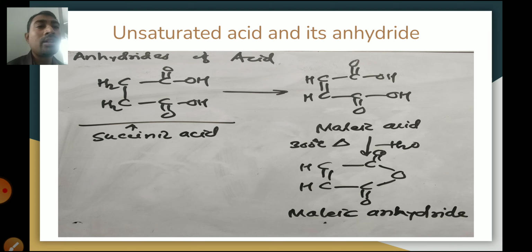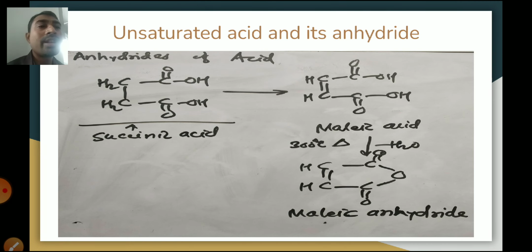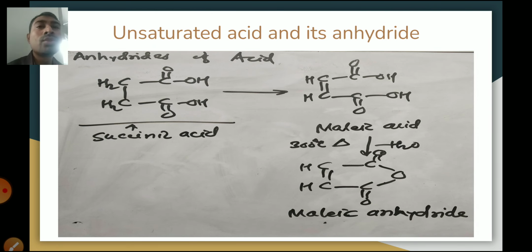On heating this maleic acid at 300 degrees centigrade, dehydration takes place and we get maleic anhydride, and this maleic anhydride is also used in many syntheses. It is used very specifically to make alpha-beta unsaturated acids.